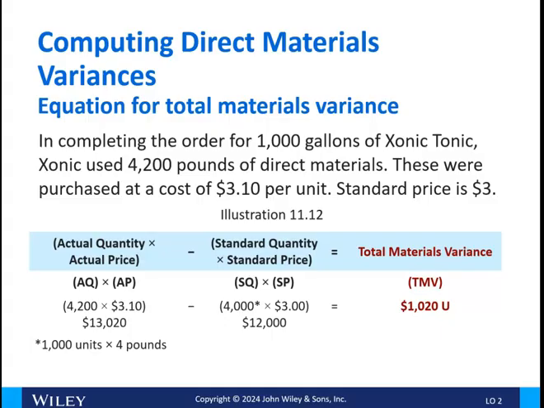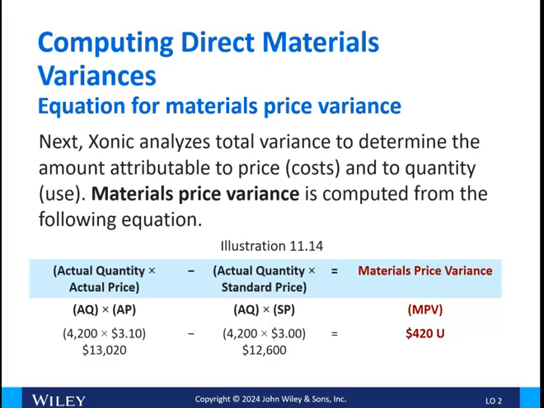Now we can break that down into price and quantity. So if we look at materials price variance, looking at the price, we're going to compute that by taking our actual quantity at actual price. So our 4,200 pounds at $3.10, the $13,020. But instead of taking standard quantity at standard price, we're going to take our actual quantity at standard price.